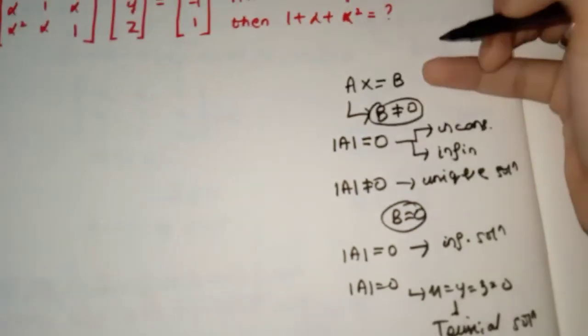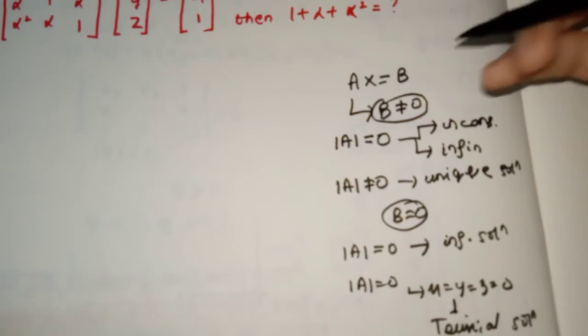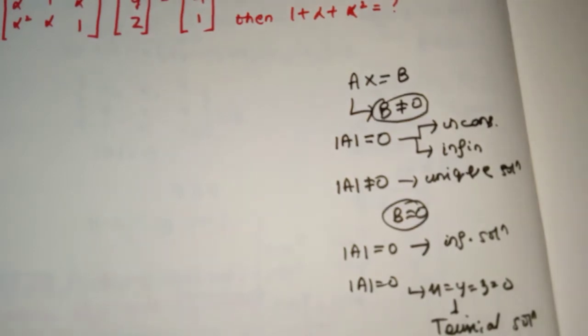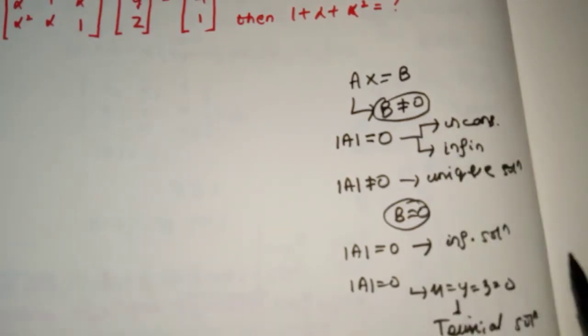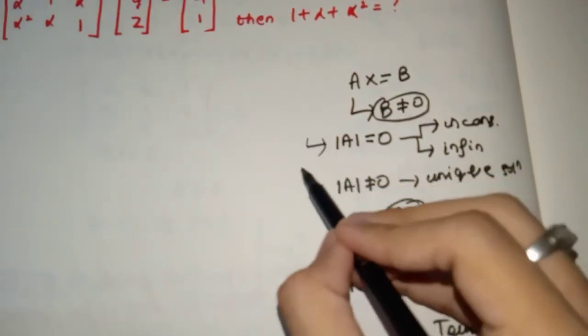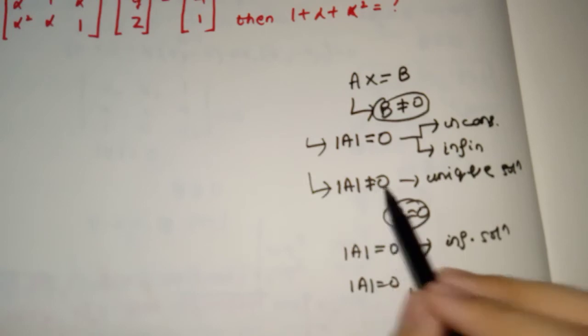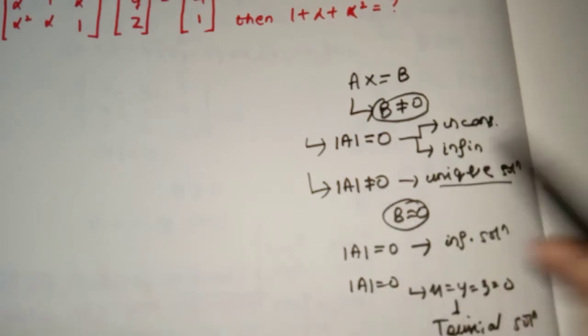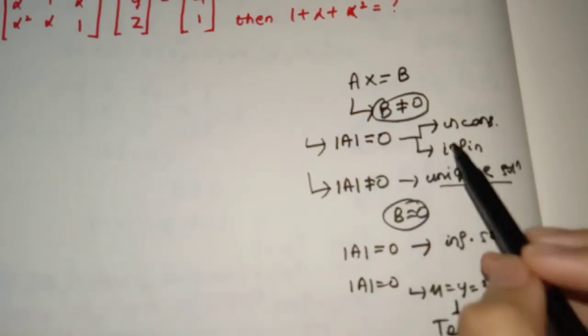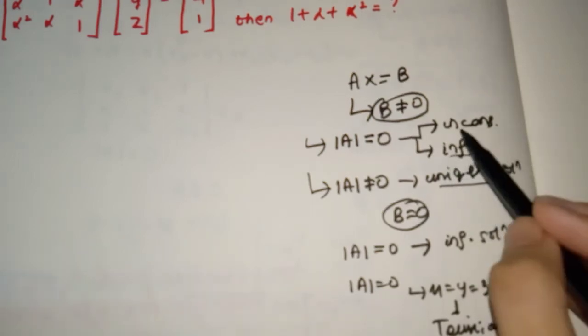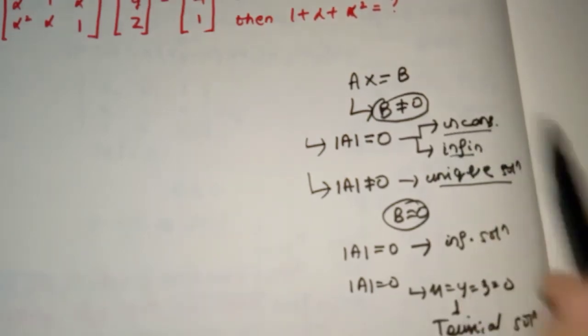Summarizing everything, in a system of linear equations, if we have Ax equal to b and b is not equal to 0, we make two cases, mod A equal to 0 or mod A not equal to 0. If mod A is not equal to 0, we have a unique solution. If mod A is equal to 0, we may have infinite solutions or the system may be inconsistent, we can't say.